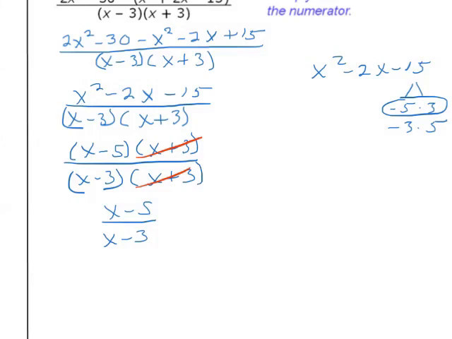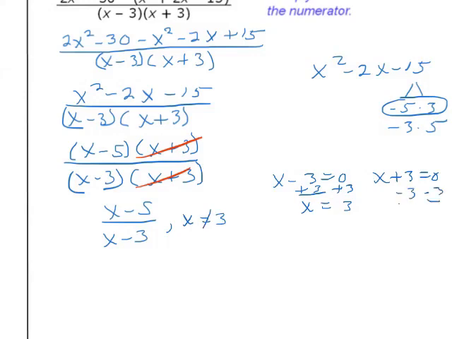I'm going to set x minus 3 equal to 0, x plus 3 equal to 0. Solve for it, and again, if you don't need to write this out because you can just look at it and see that if you add 3 to both sides, you get 3. Then go ahead and do that. So you have x is not equal to 3. And over here, x is not equal to negative 3.